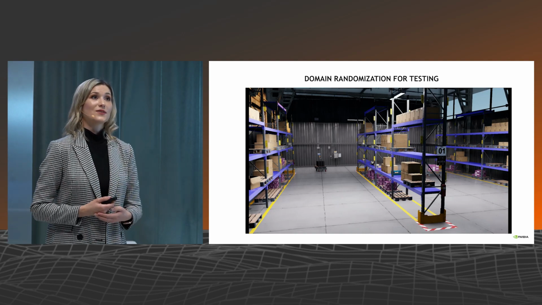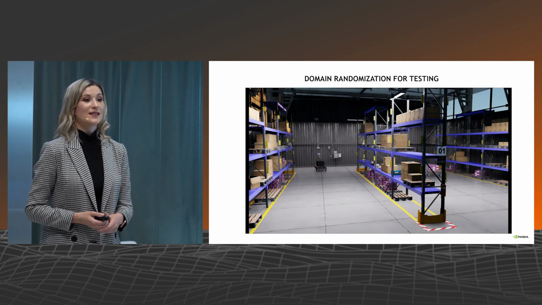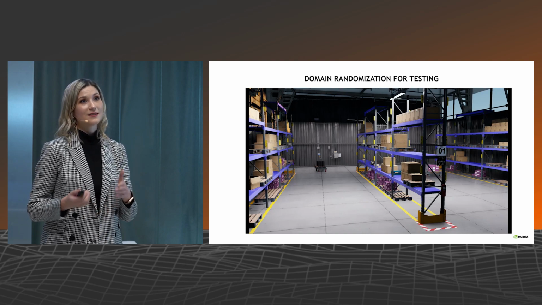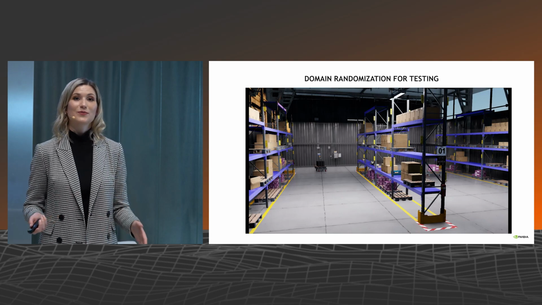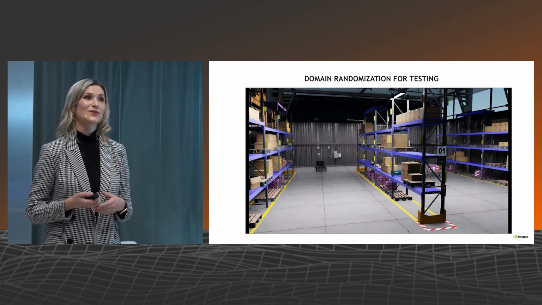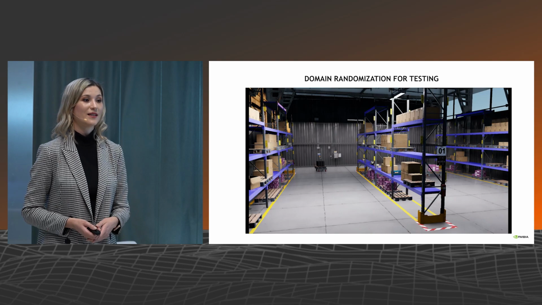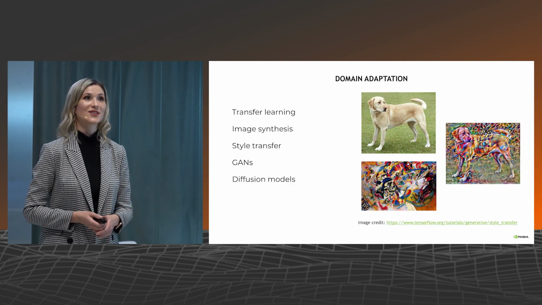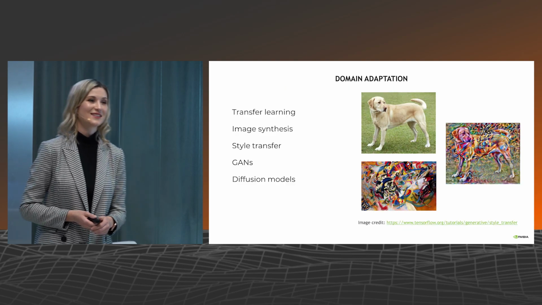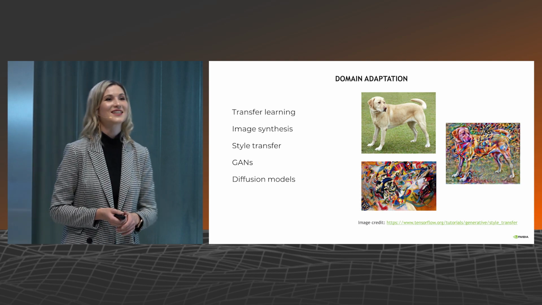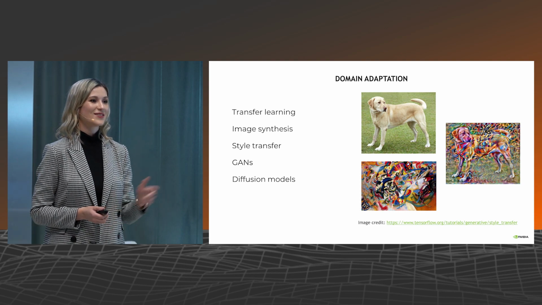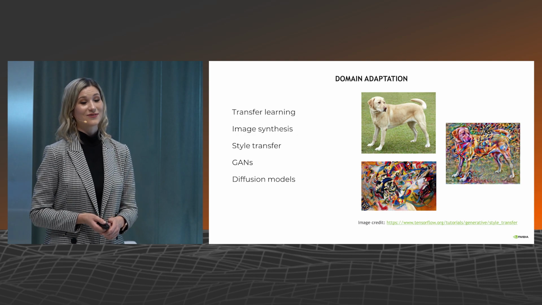Important to mention here, there is also another technique called domain adaptation, which you can also use to generate synthetic data. And I really loved the example from the first talk with generation of this French dish, where Julian was using a stable diffusion model for that.